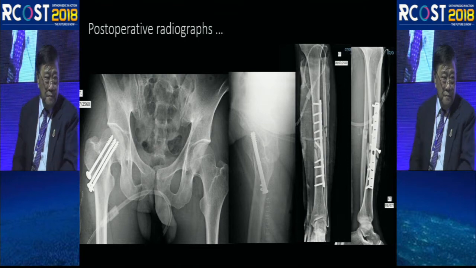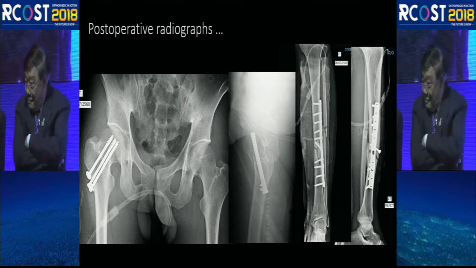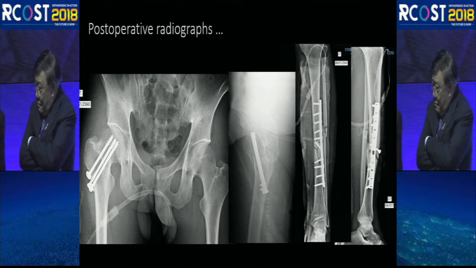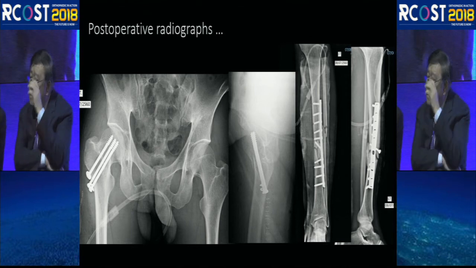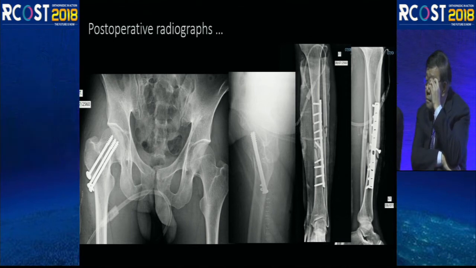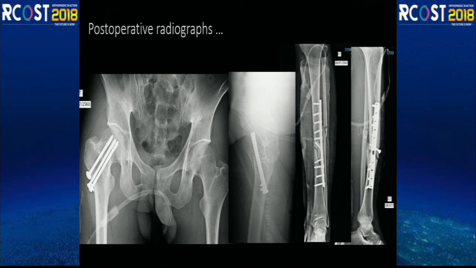Okay, because I just want to clarify some points, I think this is a good case that wait and see is very bad, because when I went to fix it, the femoral bone head was lost. That's why the position of the blade is quite off, because when I put it in the middle, it's very unstable. There's no bone inside.